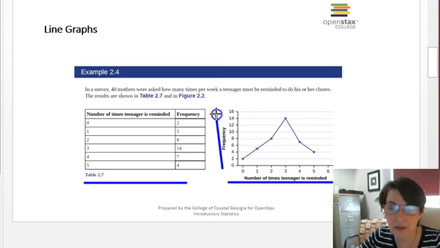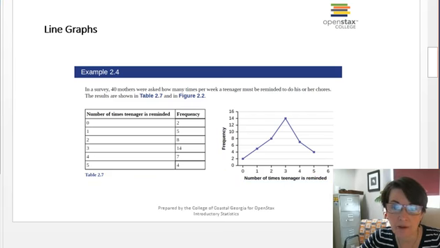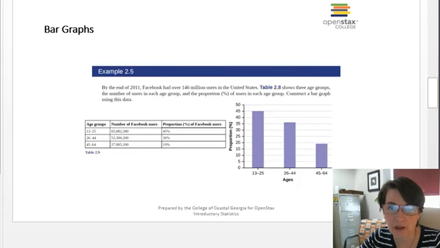Our frequency is going to go on this way, and the number of times that they needed to be reminded is this way. So how many teenagers needed to be reminded 0 times? Well, there were 2. That is how we read this graph. So you have 2 different axes, we call them, as we go through the line graph. So again, there's another video on that if you need more explanation.